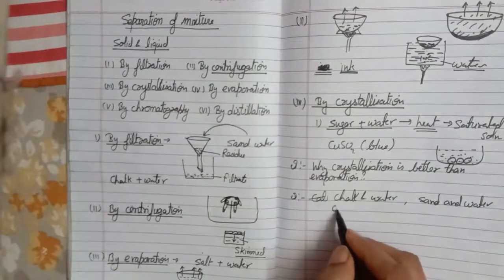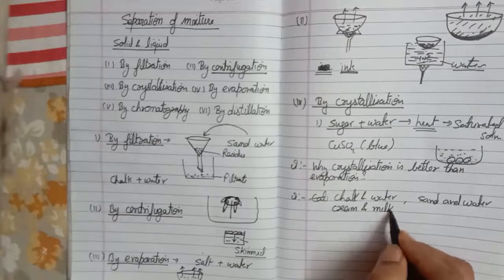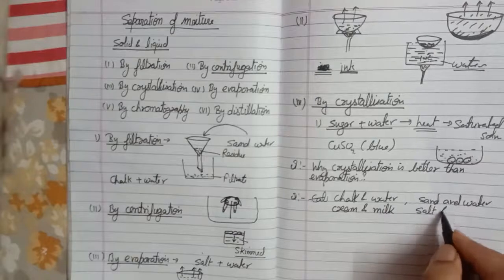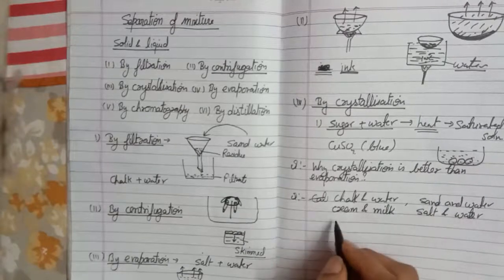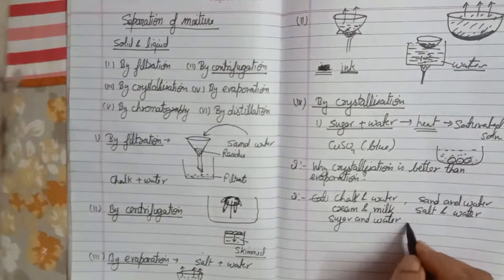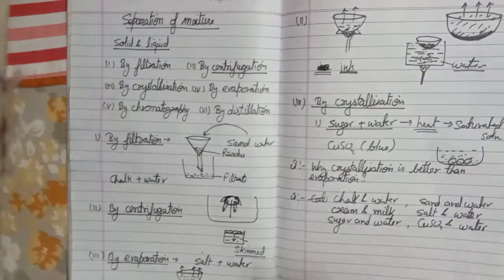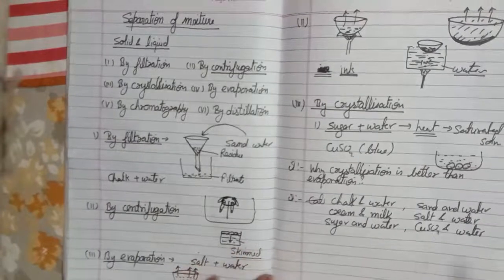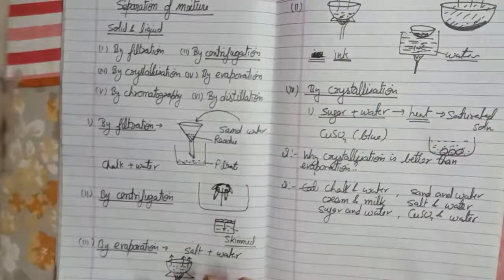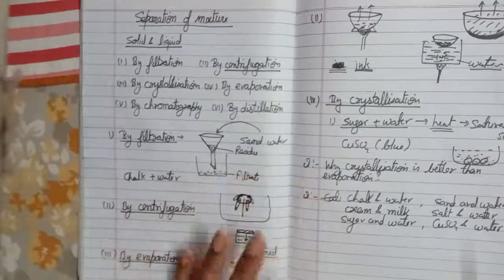And cream from milk, salt from water, sugar and water, and copper sulfate and water. So you have to answer yourself how you will separate these mixtures by different methods, and you have to also write the technique for separating them. It means the whole process, what you will do step by step, you have to write yourself.